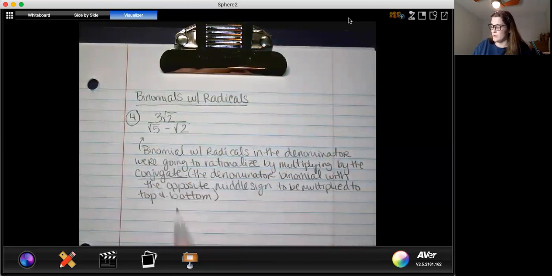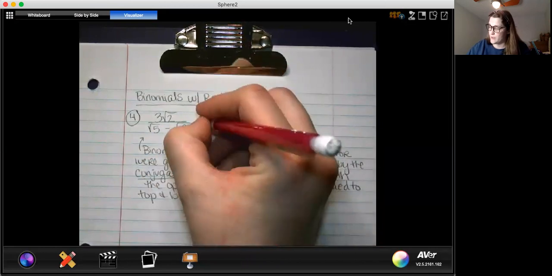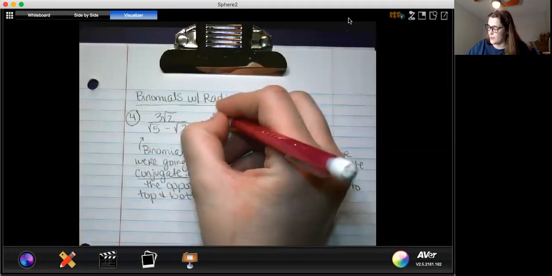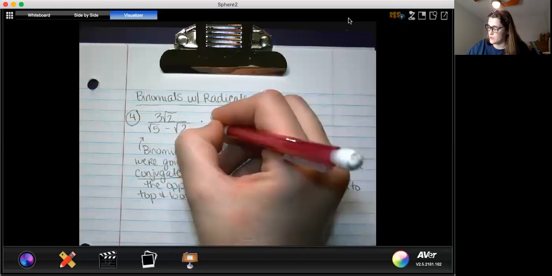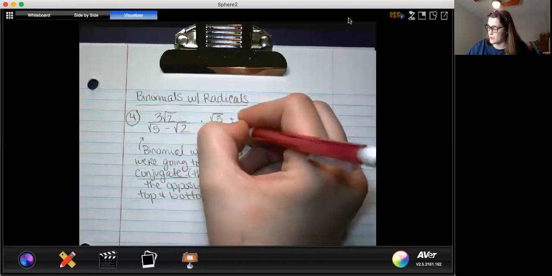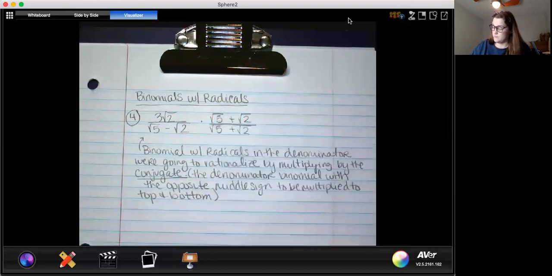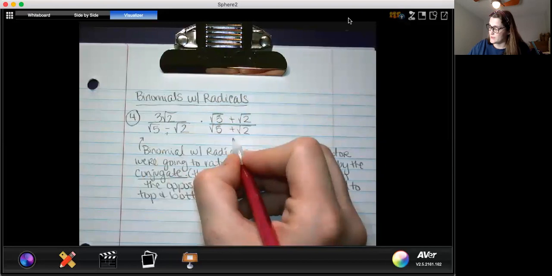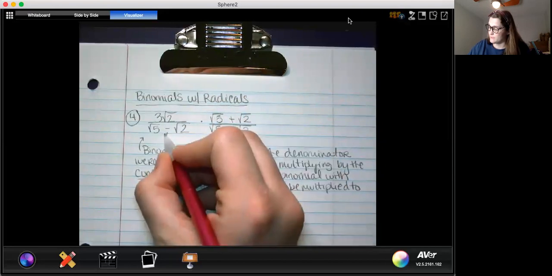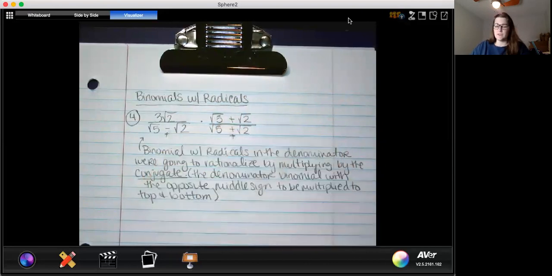So what does that look like? That means we're going to be multiplying by the square root of 5 plus the square root of 2 on top and bottom. Again, the only change is that middle sign. That's the only difference. That makes it the conjugate.